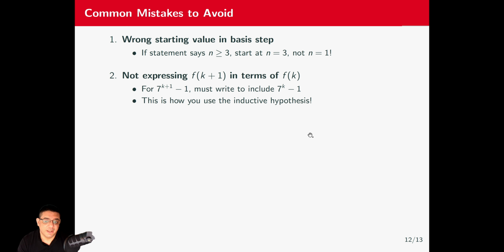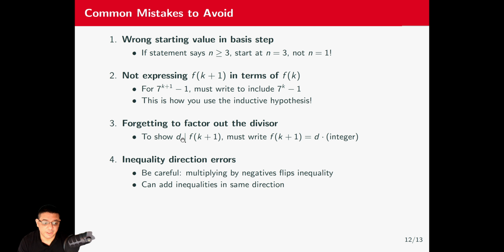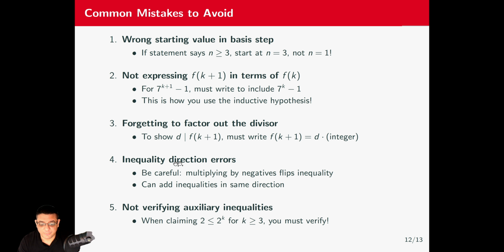Once again, not expressing the k plus 1 term in terms of the k term for proving. Forgetting to factor out divisors on the divisibility proofs. The change in directions for the inequalities. So you gotta be careful with those and not verifying that you're using auxiliary inequalities for the inequalities that you need to find.